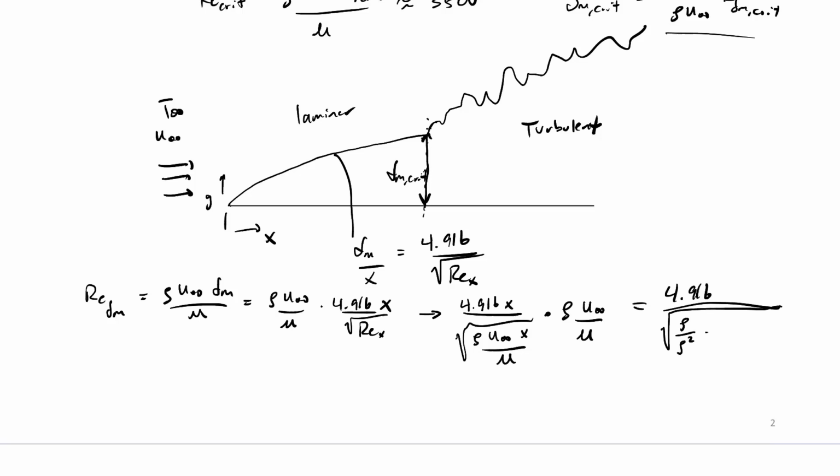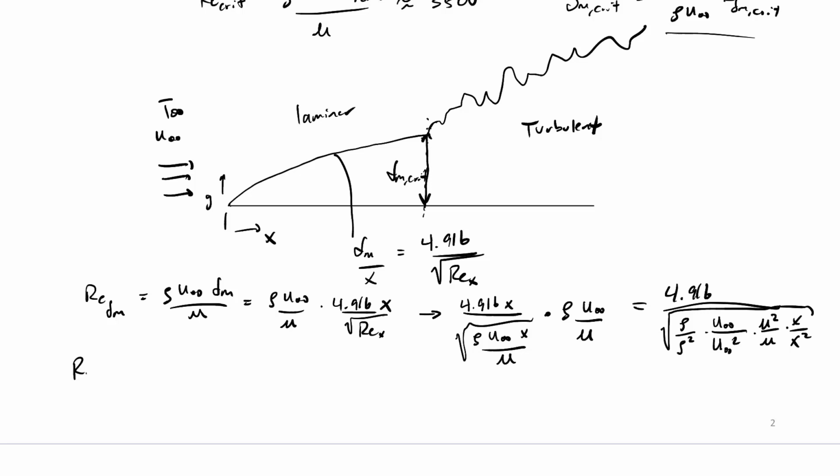We have u infinity already in here, bring the other one in, that's u infinity squared. Mu as mu squared in the denominator, divided by mu, and then x over x squared. There you go, all we're doing is bringing stuff inside. Then we cancel a bunch of stuff out. And this gives us what?